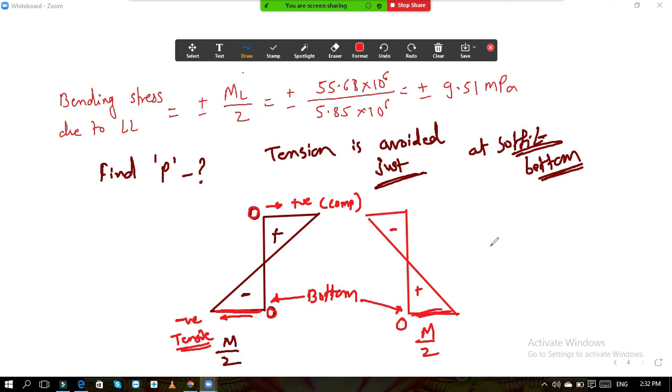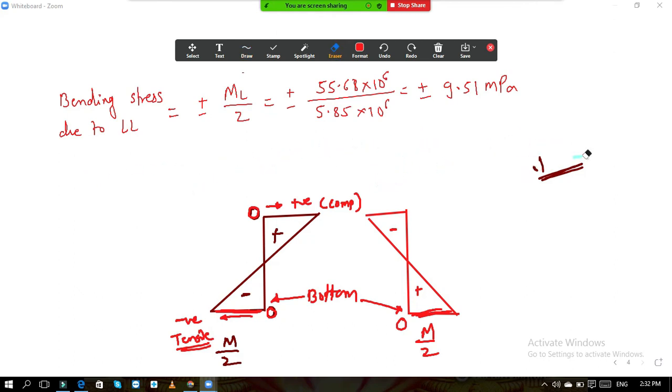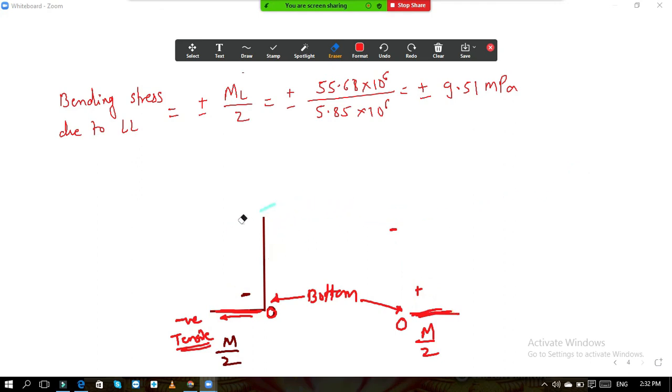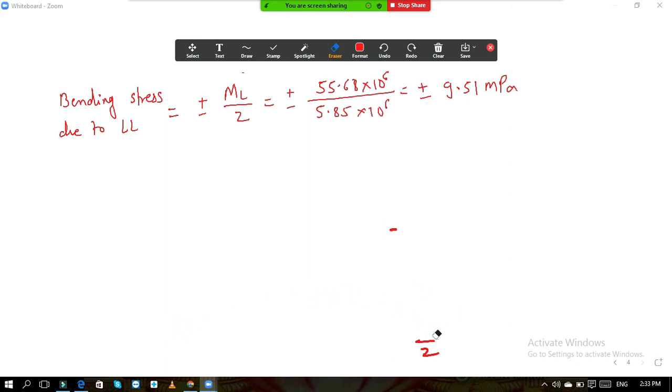Tension is just avoided means what? Whatever your resultant stress is there, that resultant stress at the bottom must be zero so that the tension gets avoided.